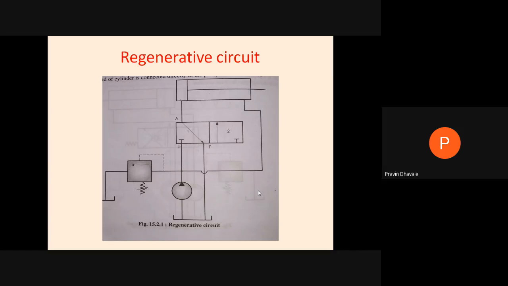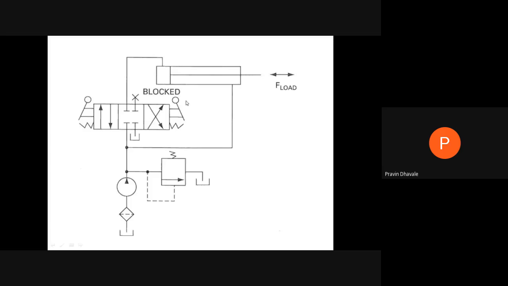But in the regenerative circuit, the discharge from the cylinder, right, this is the inlet, this will be the discharge from the cylinder, instead of passing to the reservoir, is combined with the discharge from the pump, so that a large amount of fluid is supplied at the inlet of the cylinder.